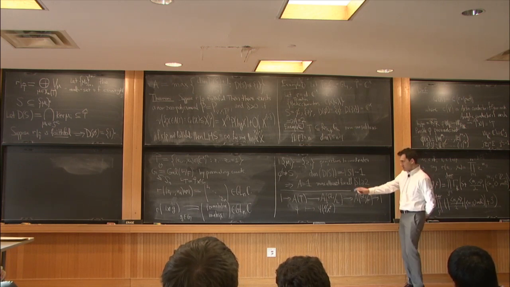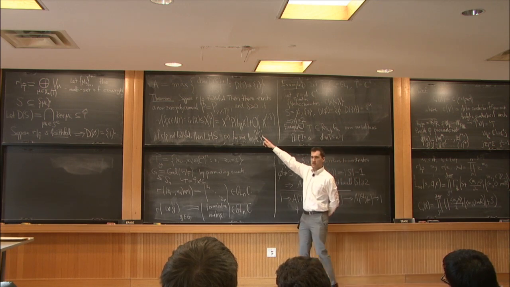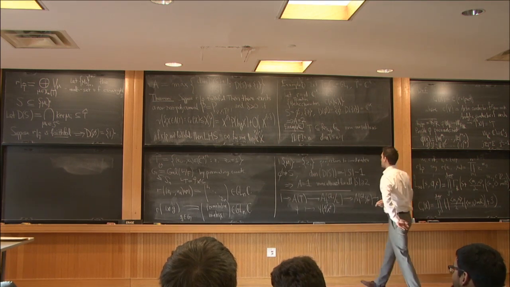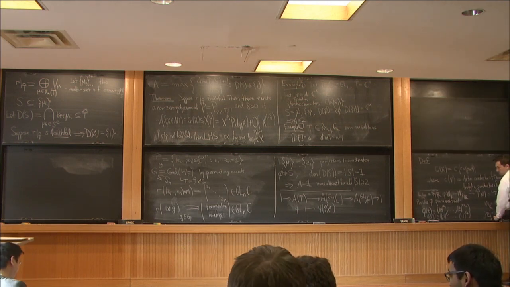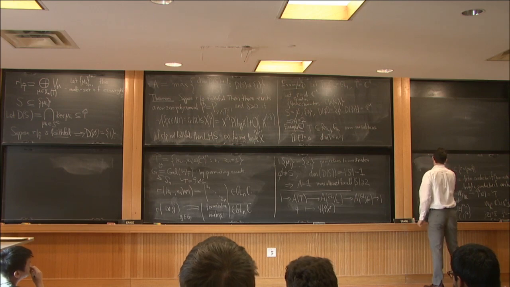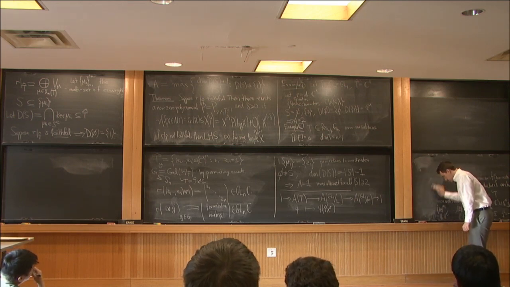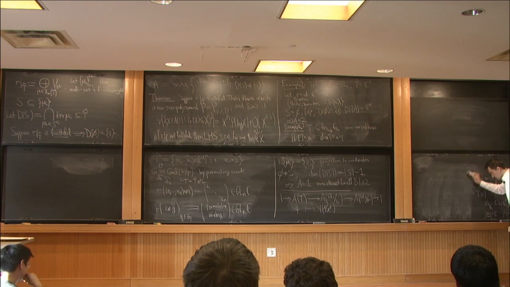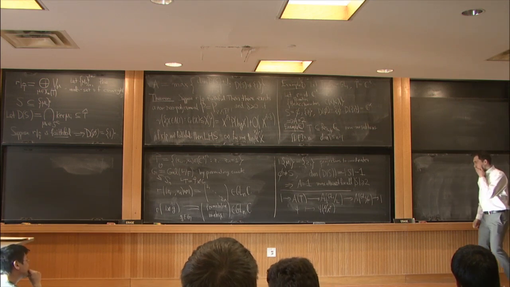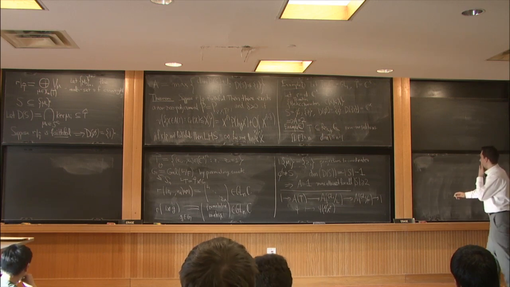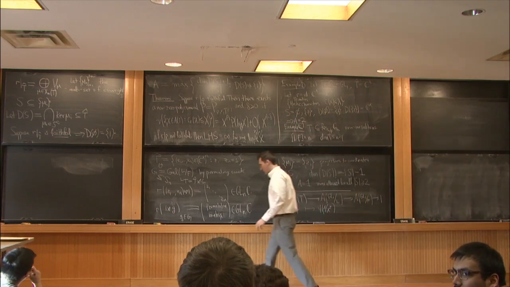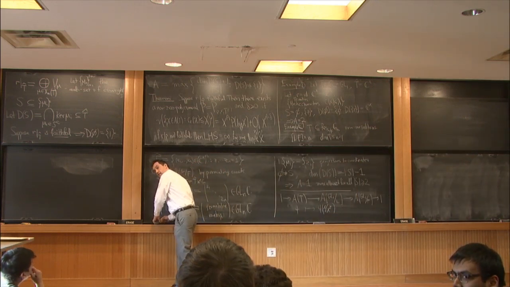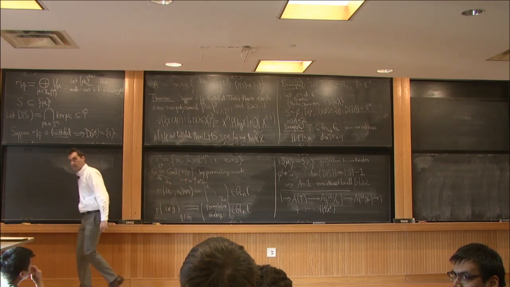OK, so as I promised, I can say something about the degree here, but I have to make a few more definitions. So let me make those definitions. See, I mean, the fact that it's x to a power a, and a is somehow a dimension of something, means there's some deformation space that's responsible for this.